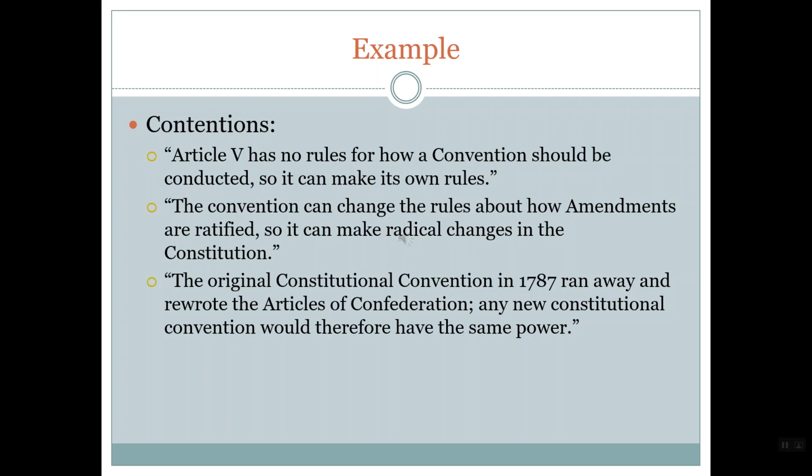This is an argument that has been advanced by serious people to me very frequently, frankly. There's also an argument that the Constitutional Convention in 1787 was a runaway convention, and therefore this convention could do the same thing that the convention did in 1787. Move on now to slide 8.